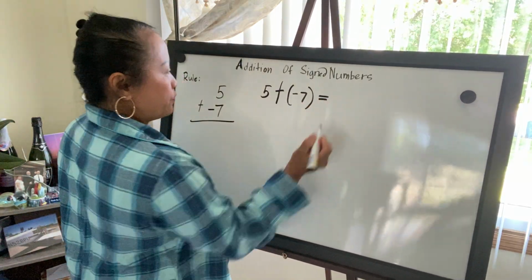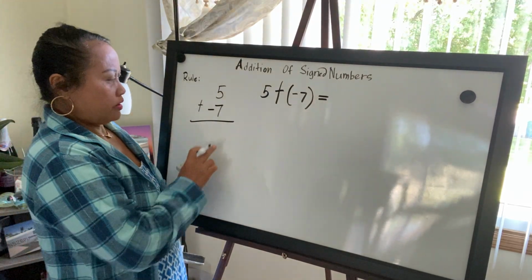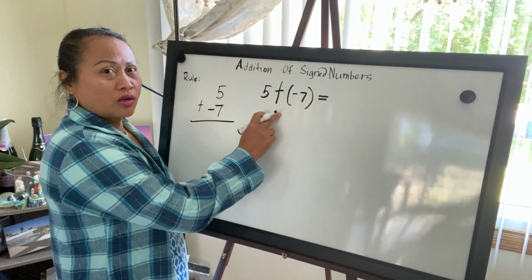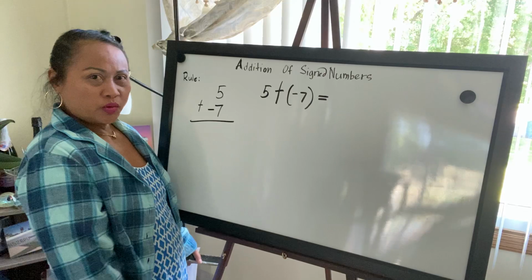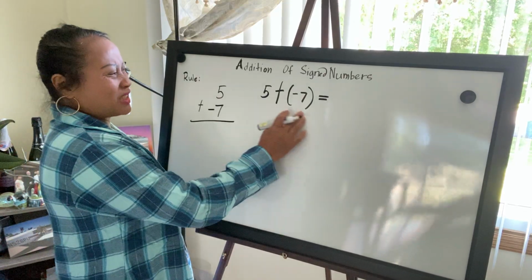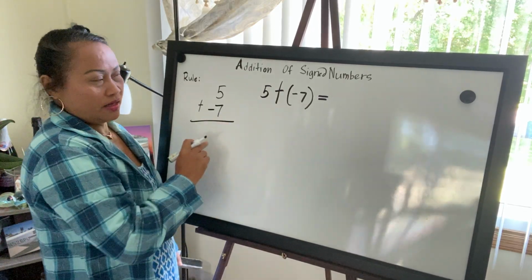So, what is the easiest way? This one is the easiest way. But this one, you must learn how to solve the trick. Because this one sounds difficult, but this one is the easiest.